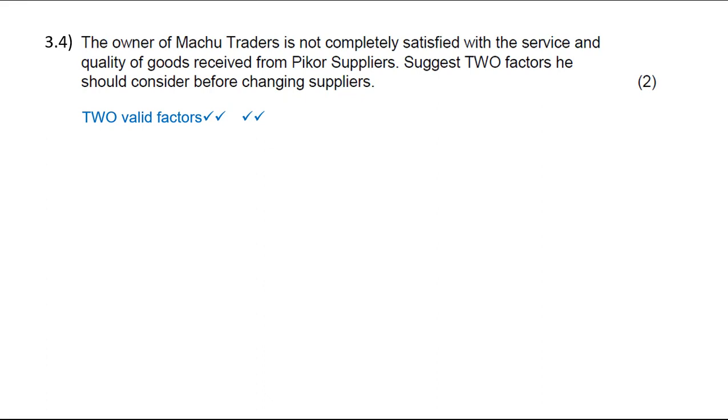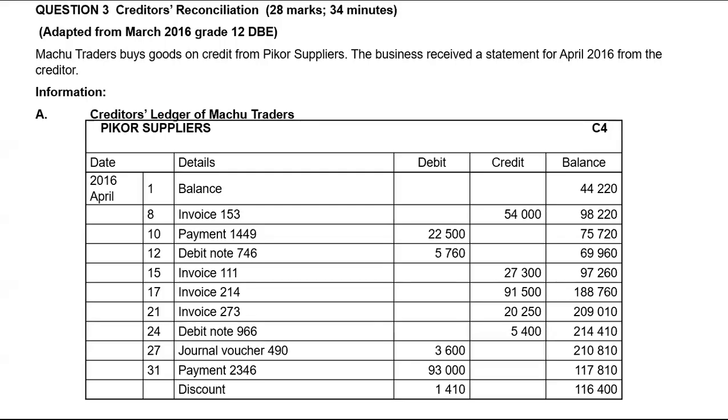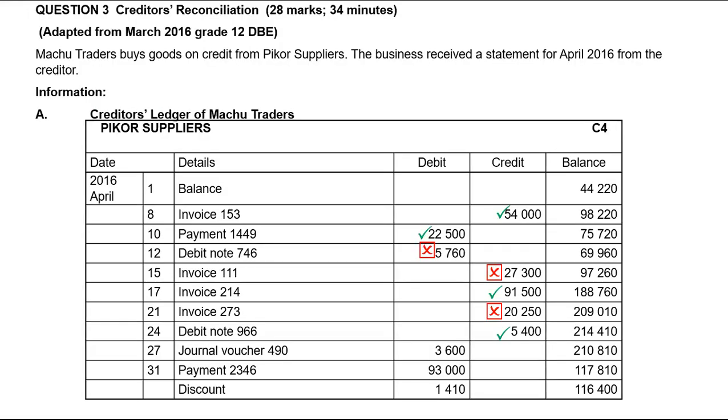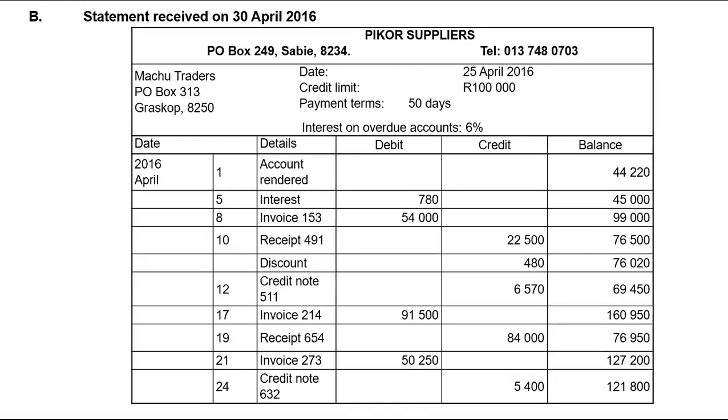Give yourself some time. And this is how it'll go. Similarities and the differences. You'll realize that from the 24th onwards, I did not take anything because those happened after we received the statement date.